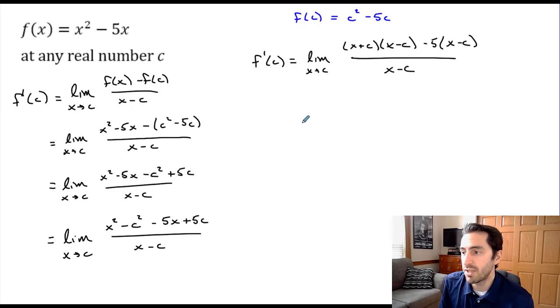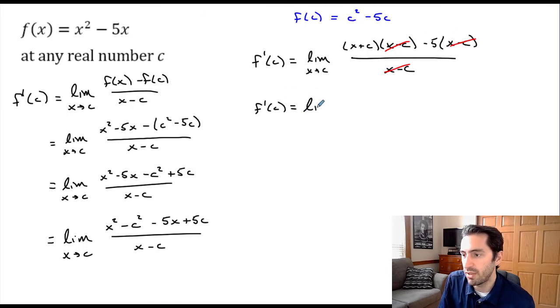So factoring those out, I can see now that I have a common factor in the numerator and the denominator that's going to simplify. There's an x minus c in both of these terms in the numerator, and I have an x minus c in my denominator. So that will cancel out each of those.